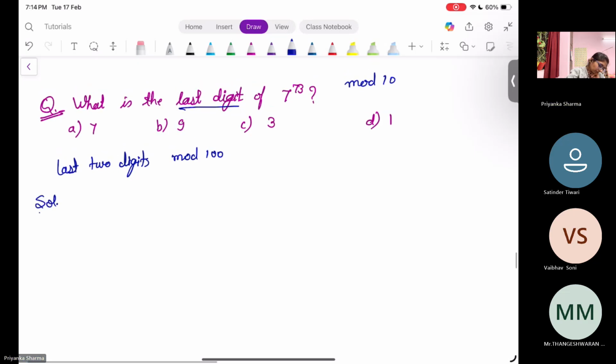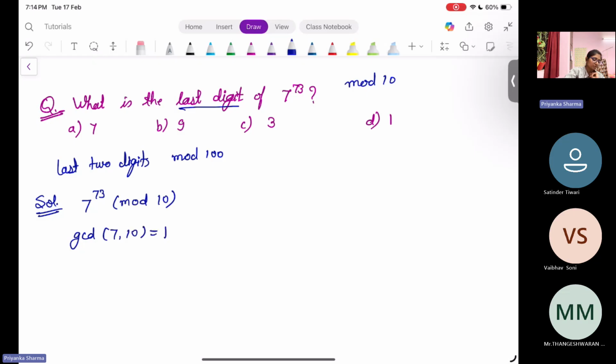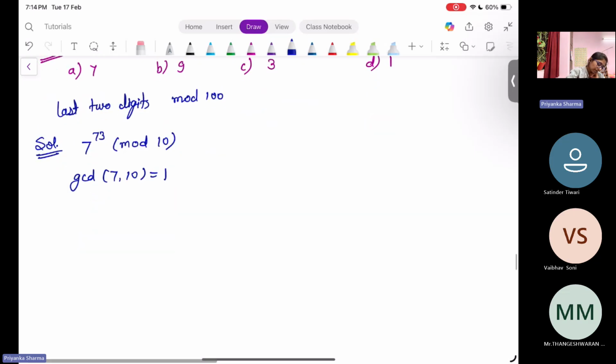So what we need to find here is 7 to the power 73 mod 10. Okay, 10 is not a prime again, but GCD of 7 and 10 is 1. So you can apply Euler's theorem, and 7 to the power phi of 10. What is phi of 10? That is 4. This will be congruent to 1 mod 10.